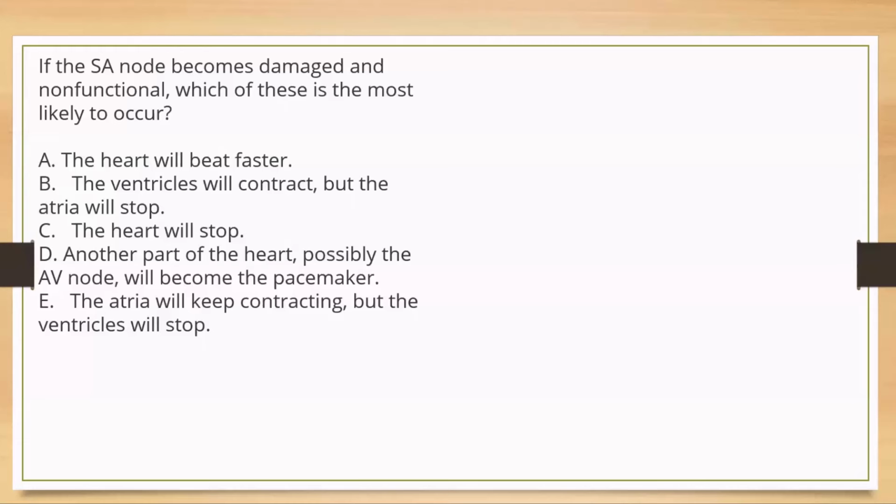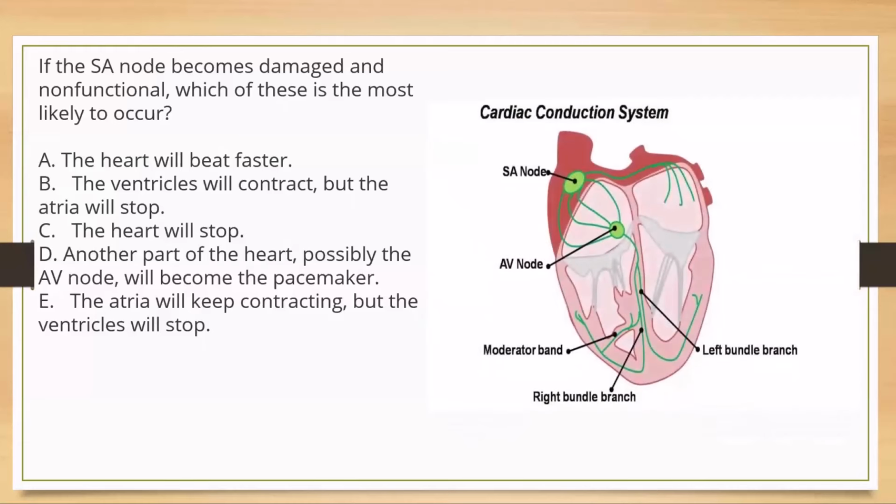All right, so basically, this is what I mean. We have the SA node here, the AV node is here, then the bundle of His, and the Purkinje fibers are somewhere here. Now, how will I know whether the heart is beating from the SA node or from another node?